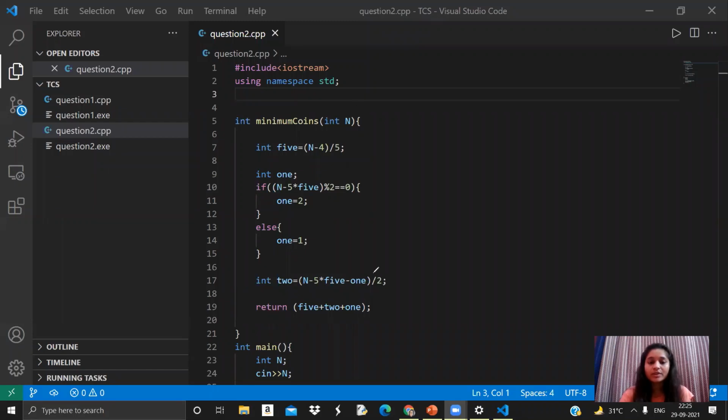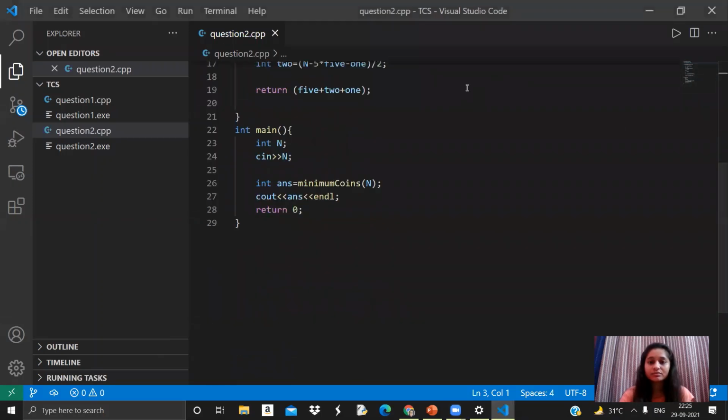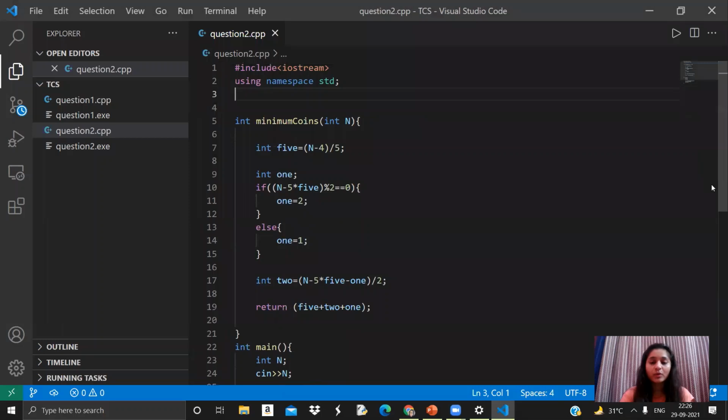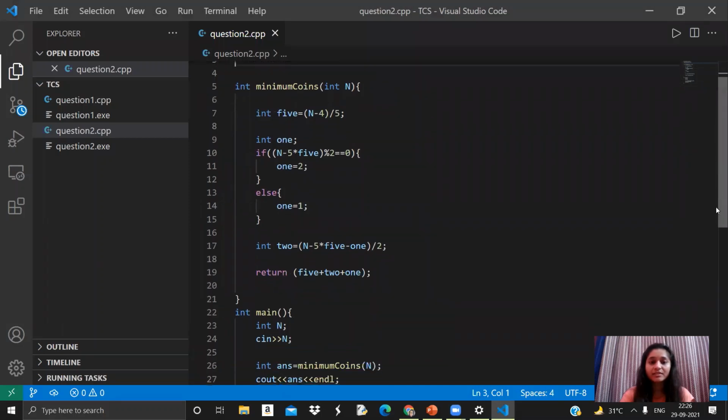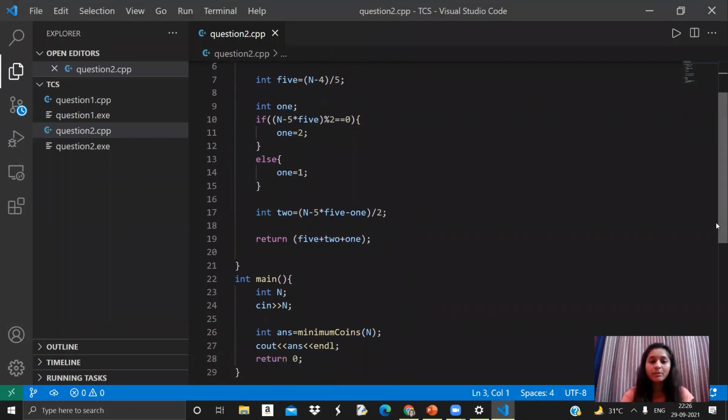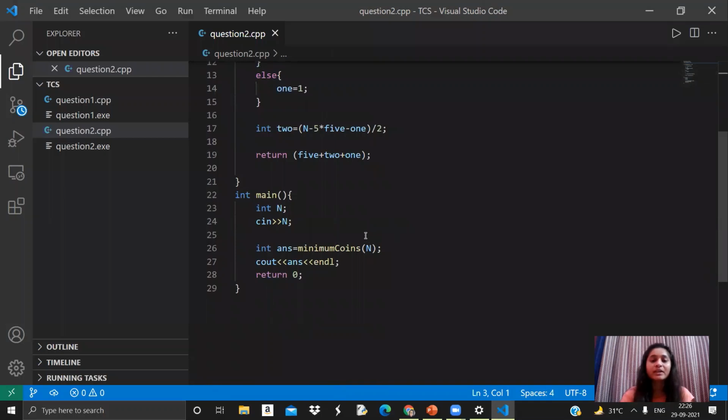Coming on to our code, let's see it from the start. This is the code. I have coded it in C++, but seeing this code, you can code it in any language you use. Let's start.